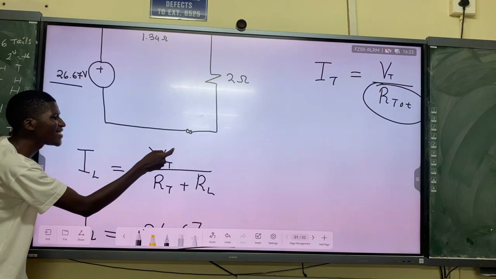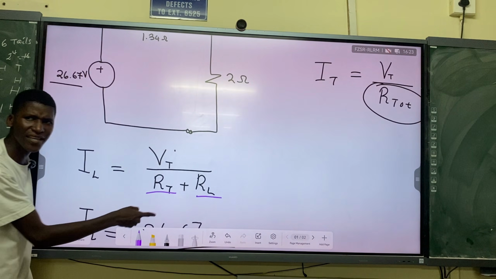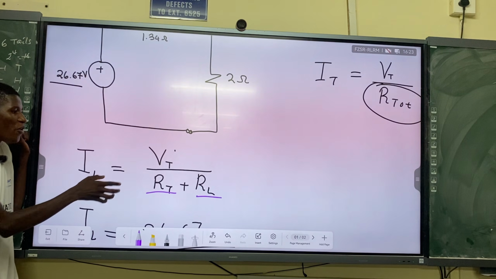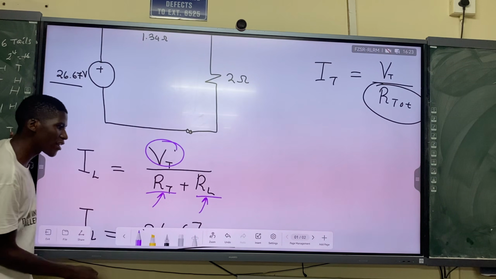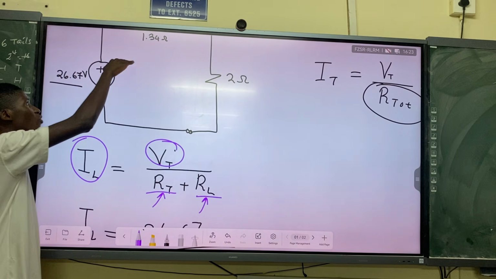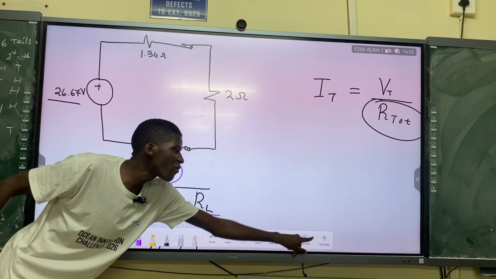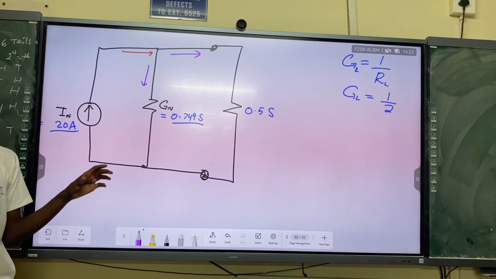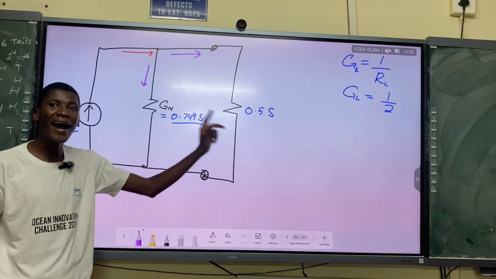So we are dividing the total voltage across R total and R load to find the total current, which is the same for a series combination. But in the Norton's equivalent of the circuit, we are dividing the current because these resistors are in parallel.